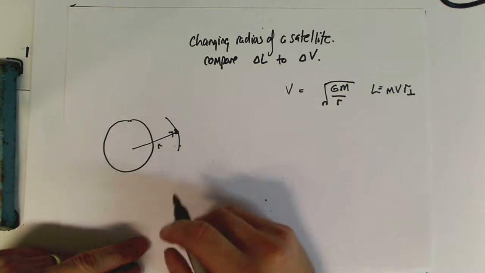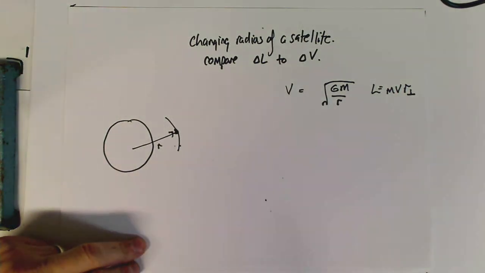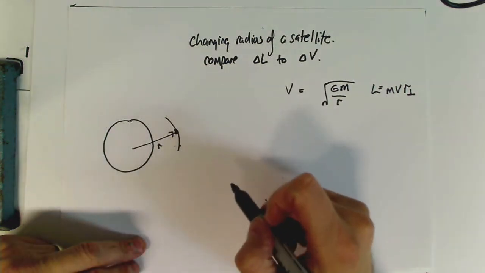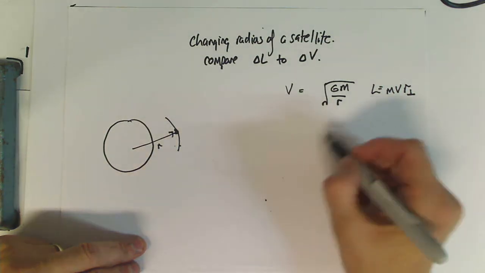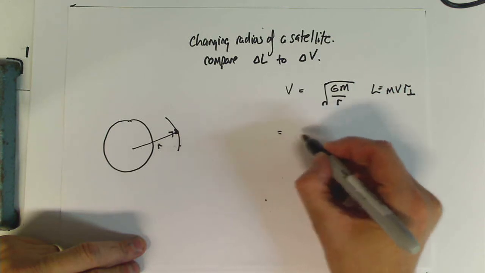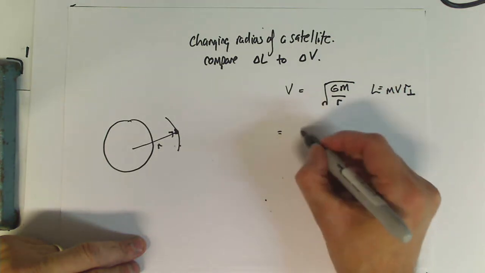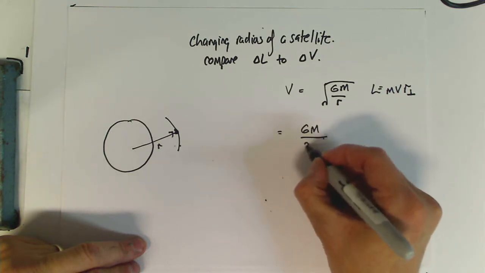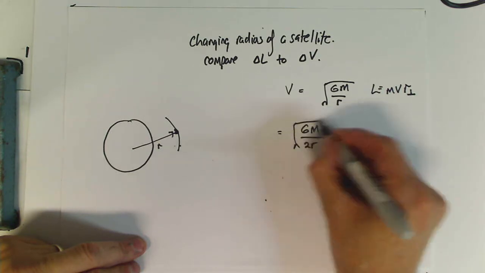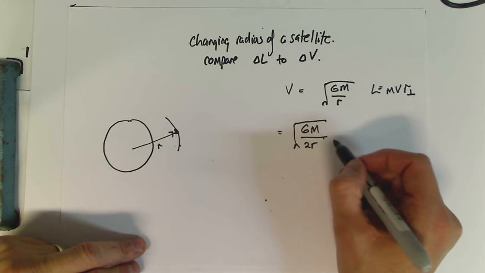So if we go back to that math skill video, if we want to change the radius, let's see, what should we do? Let's double it. So if we double the radius, what's it going to do to the velocity? Under the square root sign for the velocity, if we now have GM over 2r square root, now we can bring that 2 out, can't we?